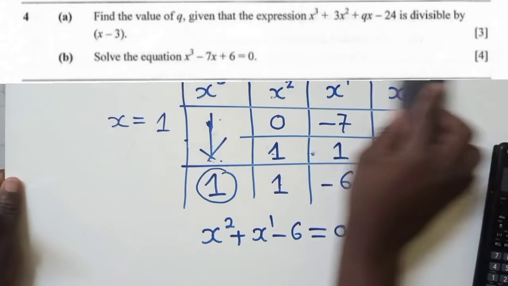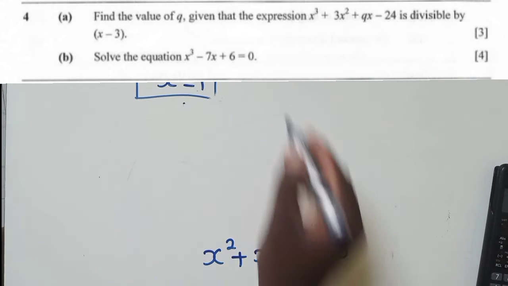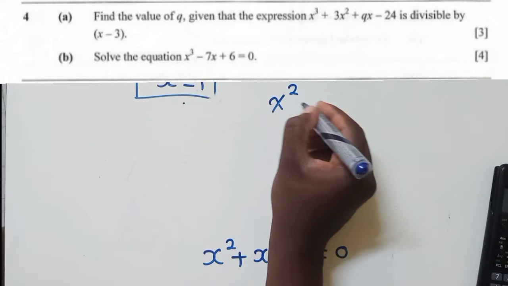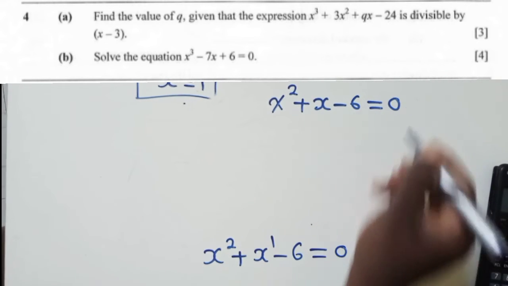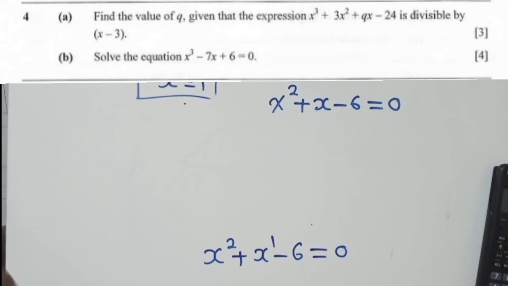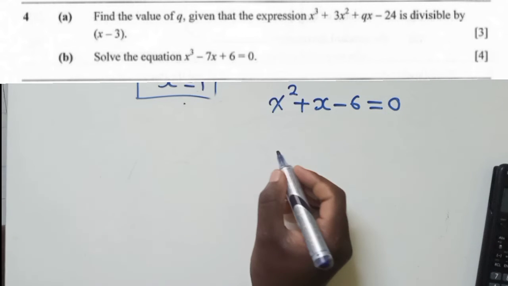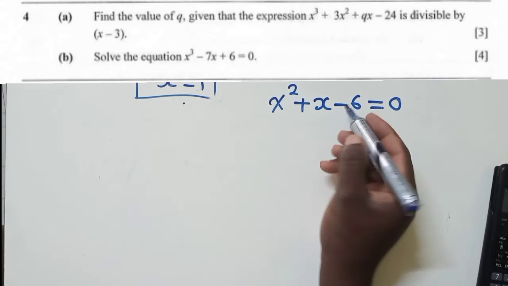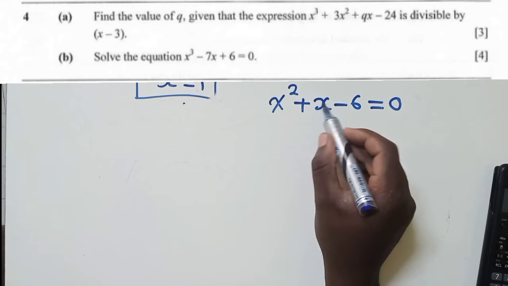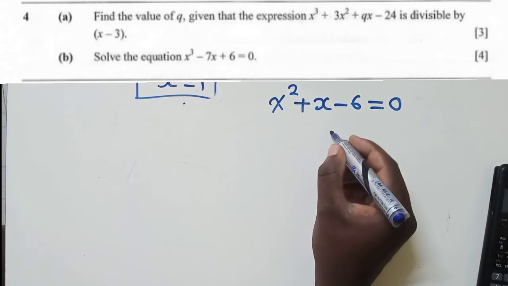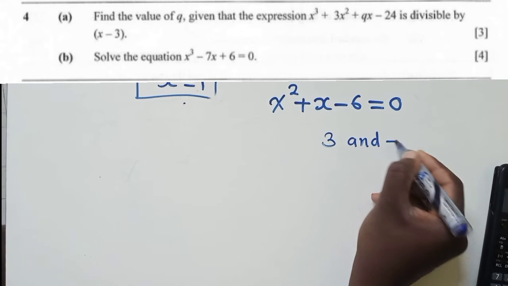Let me clean up. We find the factors of this quadratic equation. So this is the quadratic equation we have right here. So what are the factors of this quadratic equation? Two numbers such that when you multiply them, they give us negative 6, and when you add them, they give us 1. So we have a 3 and negative 2.